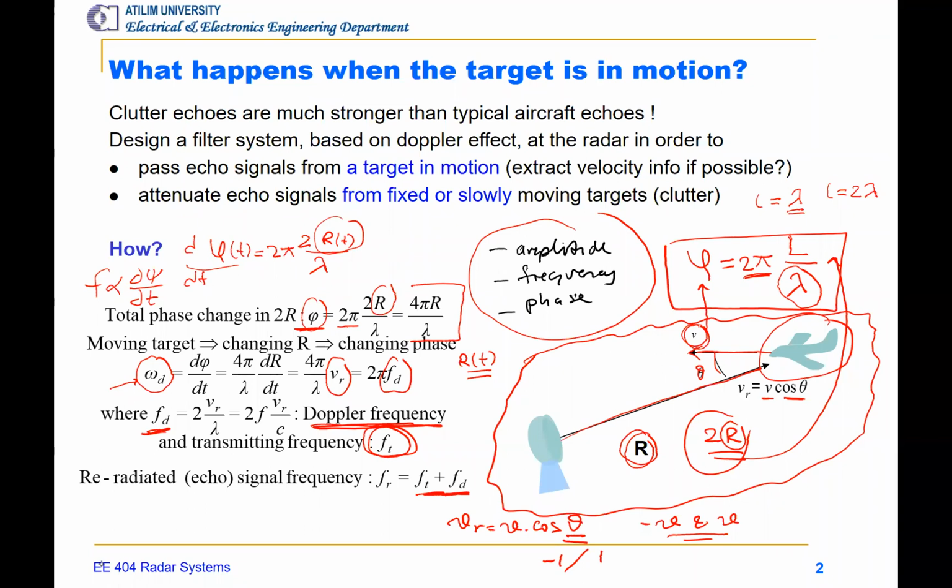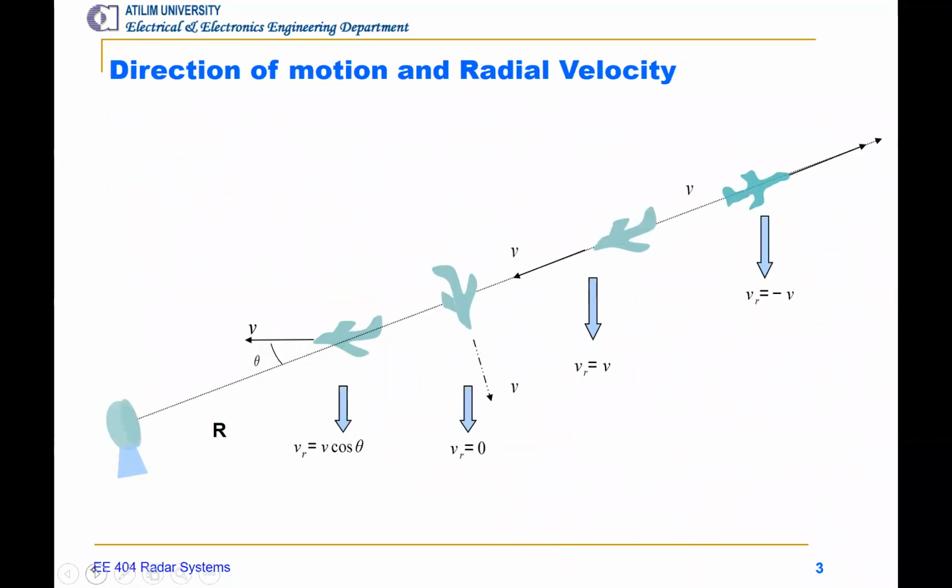Okay. Now, in the next slide, we see how this radial speed varies with the angle. Here we have a radar, and we have several targets having different directions of motion. And as you can see, when the target here is moving away, so receding, then the radial speed is going to be simply v cosine theta, where theta is going to be what? 180 degrees.